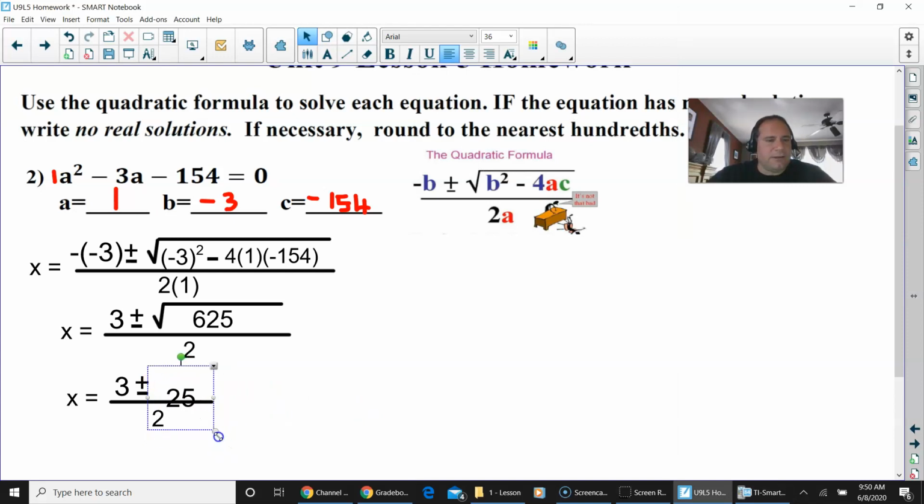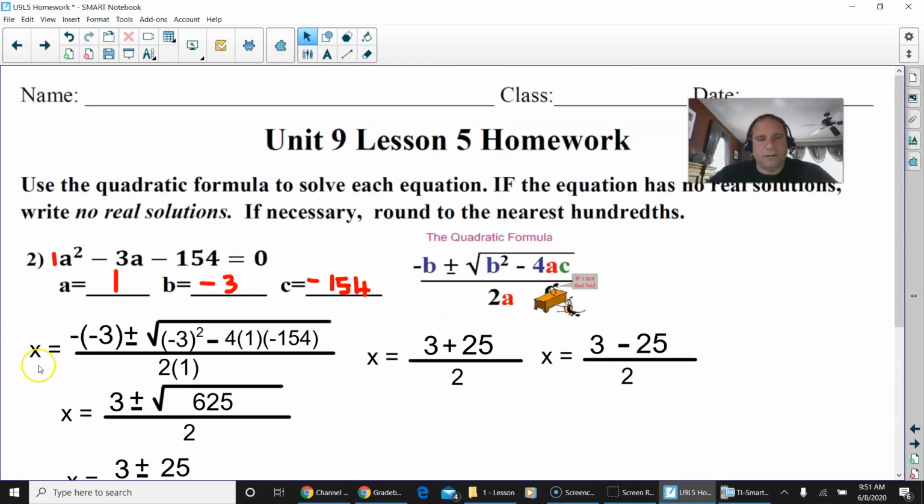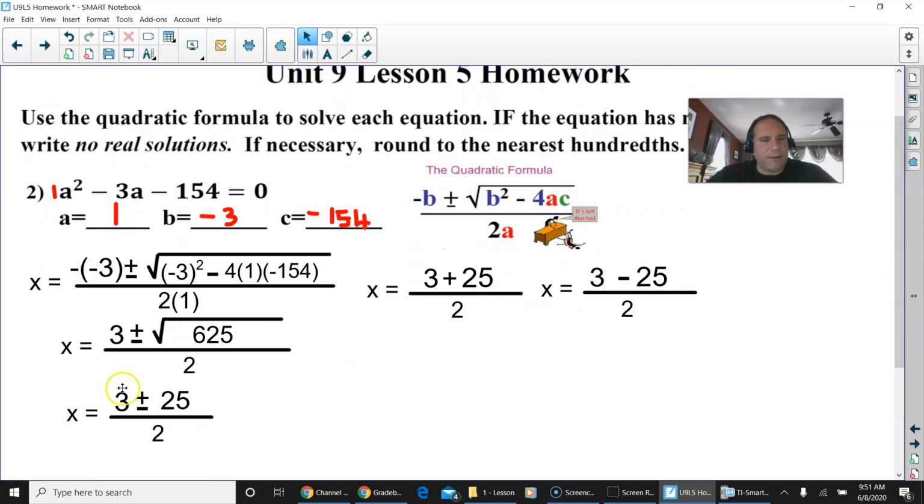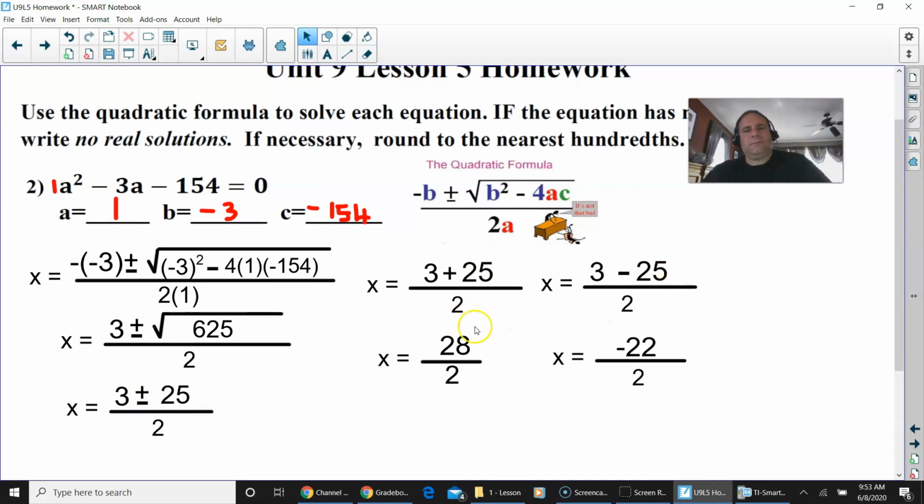All right. And 2 times 1 as your denominator is 2, obviously. So we have 3 plus 25. We're going to split them up. And we have 3 plus 25 over 2, and then 3 minus 25 over 2. So 3 plus 25 is 28, divided by 2.